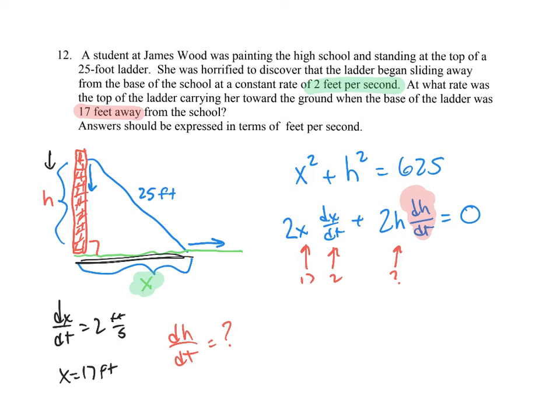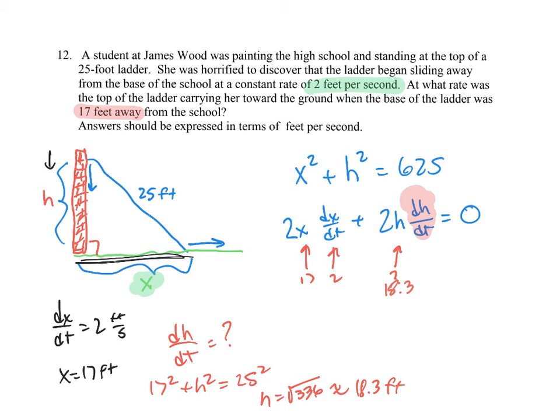Because I know that x squared, which would be 17 squared, plus h squared equals 25 squared, if I simply do 25 squared minus 17 squared and take the square root, I will get a value for h. And I'm going to do that on my calculator and let you know that that value is the square root of 336, which is approximately 18.3 feet. So for this h, we'll put 18.3 in.